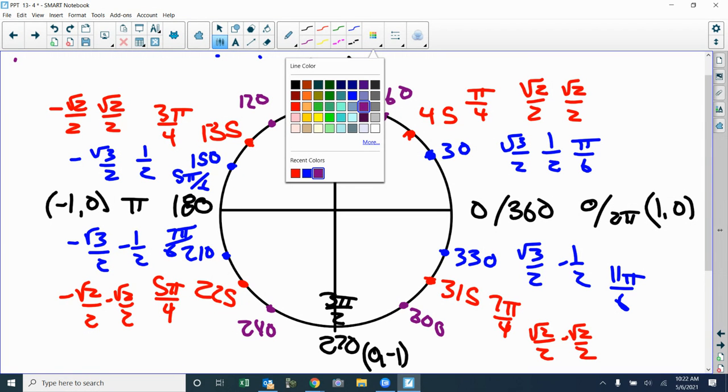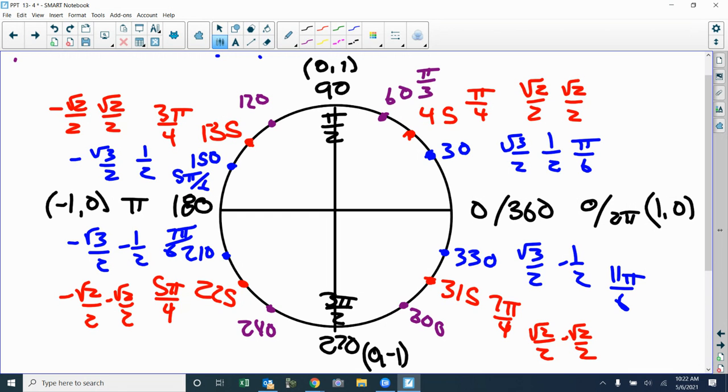All right, the 60, let's do that. It's going to be pi over 3, 2 pi over 3, 4 pi over 3, and 5 pi over 3. Okay, so your 60 comes here.